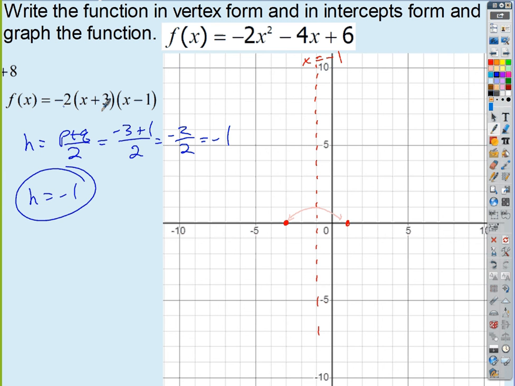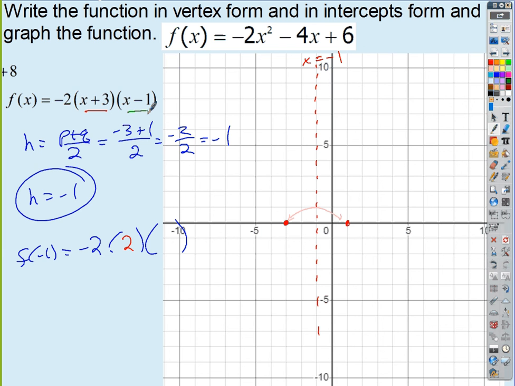So if I plug H in, I get f of negative 1 equals negative 2 times that number. What's negative 1 plus 3? 2. So I get 2 there times that number. What's negative 1 minus 1?